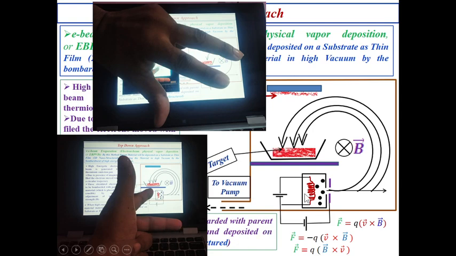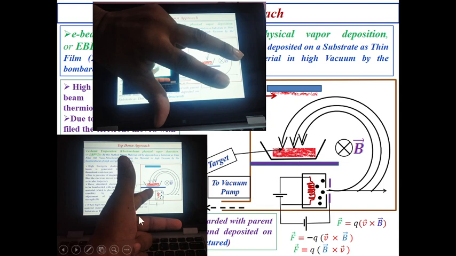So here electrons are ejected in this way. If we consider this direction, this is the velocity direction, this is the magnetic field direction, and this is the force direction. Yes, it is correct, because the magnetic field is inward, this is the velocity direction, and this will be the force. If the force is upward, then it will be in a circular path, and then it will strike.